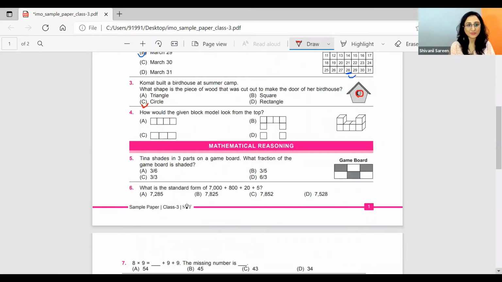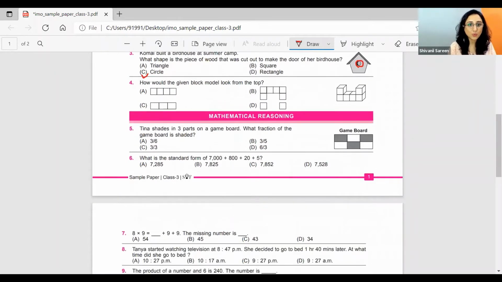Moving on to the next question. What would the given block model look like from the top? Now we need to see from the top. Now if you see this from the top, what all can you see? You can see this block, this block, this block, and this block. So you can see 4 blocks from the top.